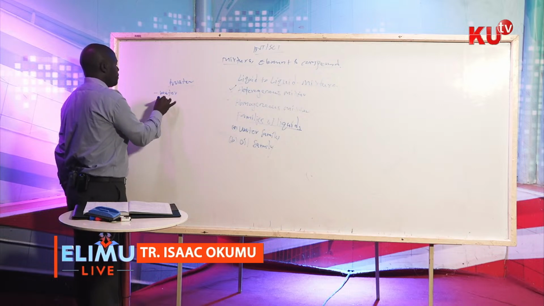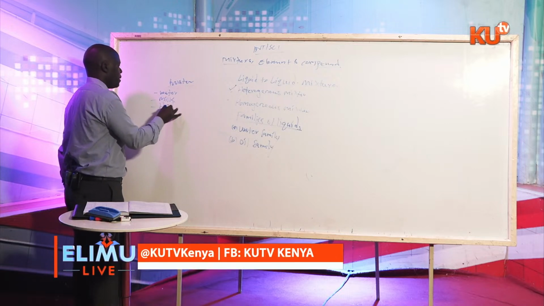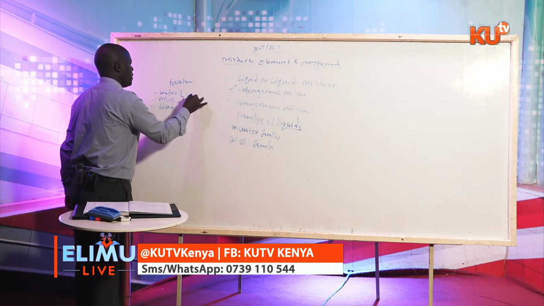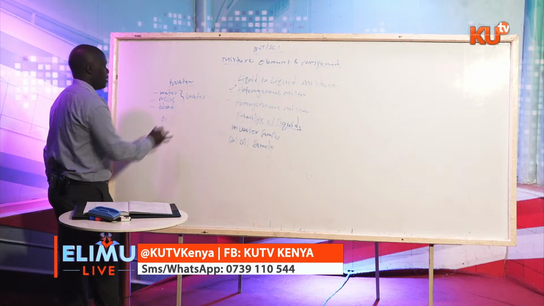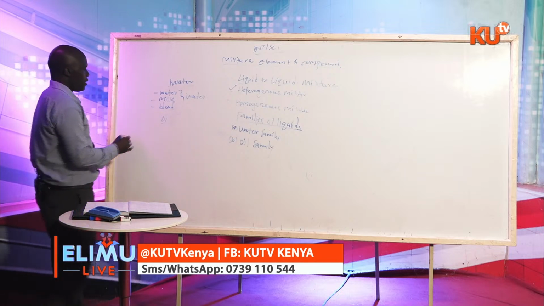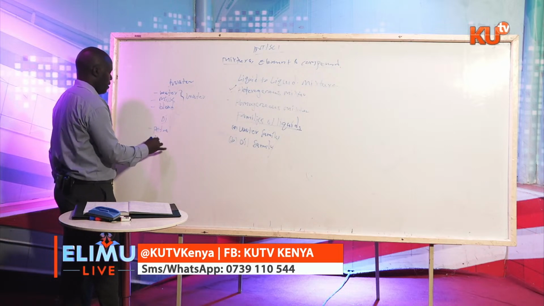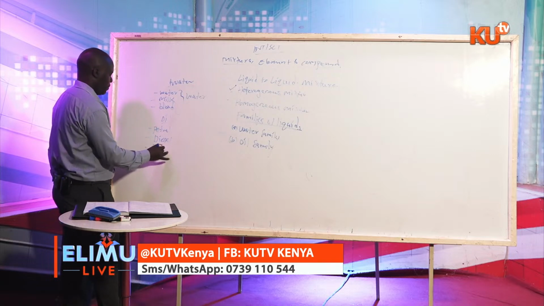We have milk. We can also have blood. These three here are from the water family. Then we have the oil family. Under the oil family, mostly here we have petrol or the oil products. We have petrol, we have diesel, we can also have paraffin.